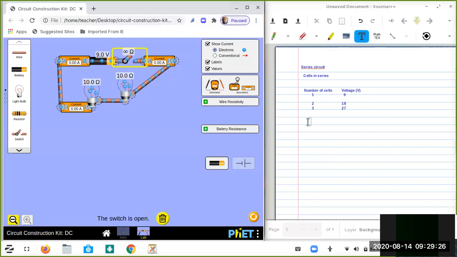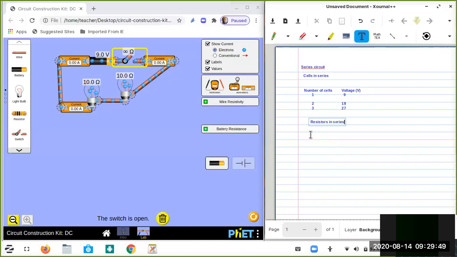What happens if we are looking at resistors in series?